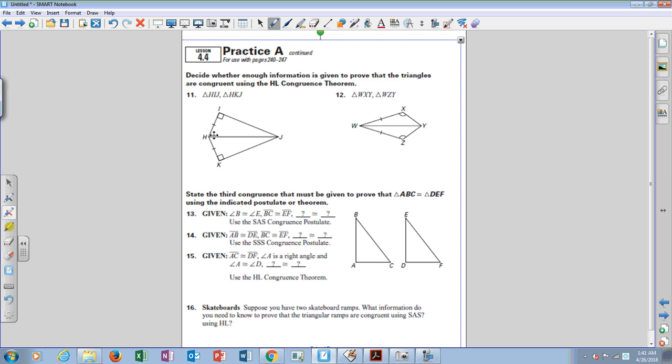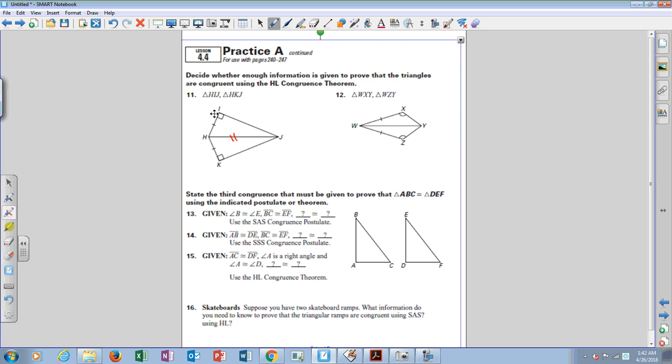Number 11. Decide whether there's enough information to prove that triangles are congruent using hypotenuse leg. So hypotenuse leg says that the side that's opposite the right angle has to be congruent. In this case, the side opposite the right angle is HJ, and it's HJ here. HJ is congruent to itself by reflexive property.